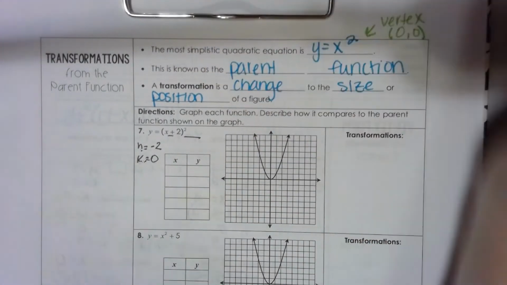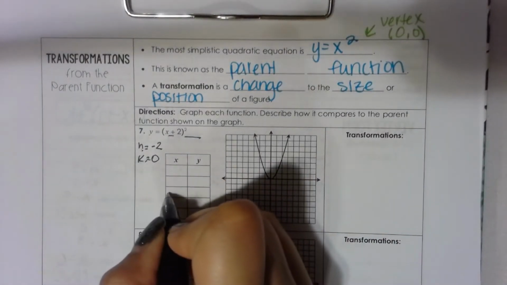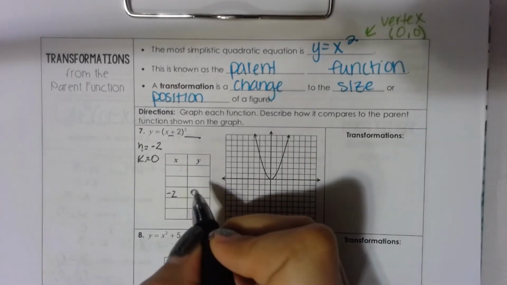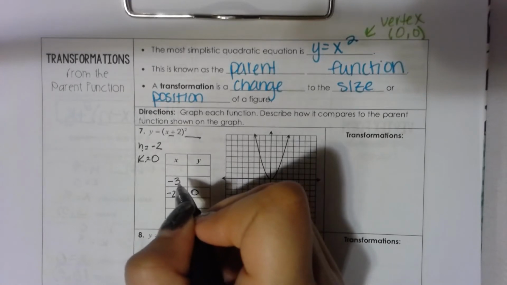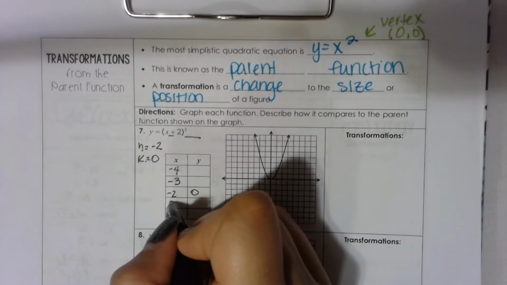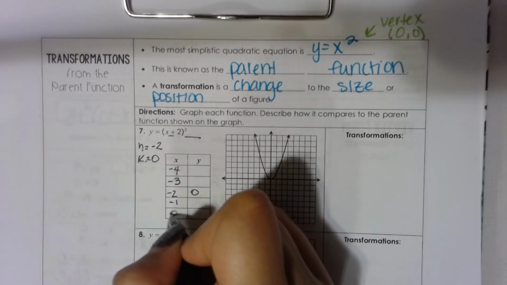So following along with that, put -2, 0 in your very center, and then to the left of -2 we have -3, and to the left of -3 we have -4. To the right of -2 we have -1, and to the right of -1 we have 0.